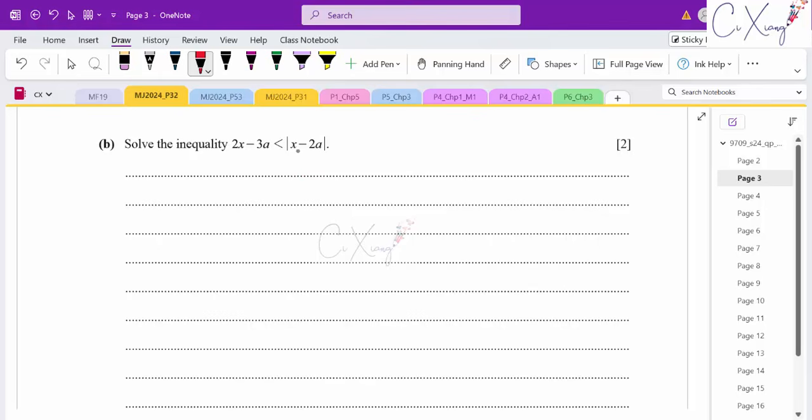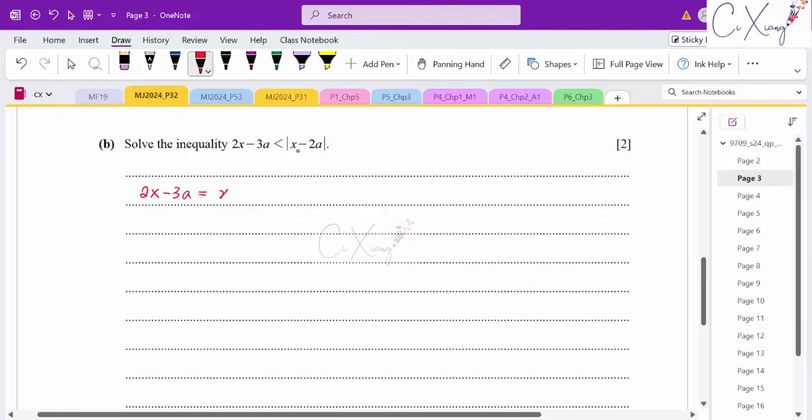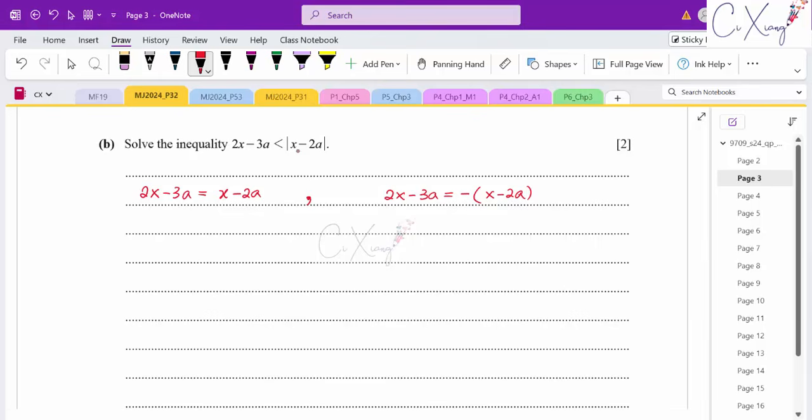So to find the intersection point, I will let 2x minus 3a equal the original function, and also let 2x minus 3a equal the negative of the original function, which means I reflect it, the reflected function. Then I simplify the equation to get the intersection points. So I'm having x equals a if I solve this equation.